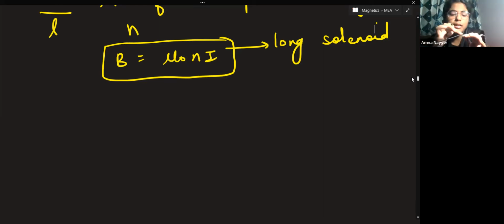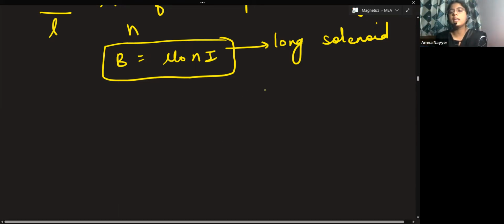Though this is a wire, just as an example, you can imagine it as a coil, with coilings of thin wire appearing like this. The radius is very narrow, while the length is huge. That we call a long solenoid, where length is greater than the radius. This is known as a long solenoid.